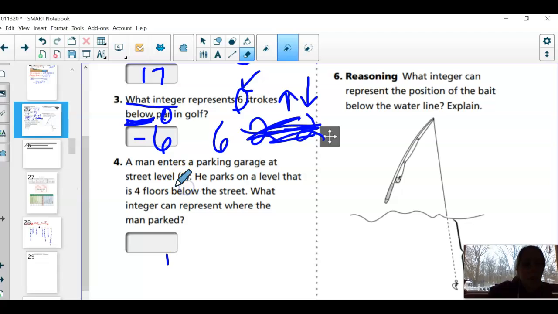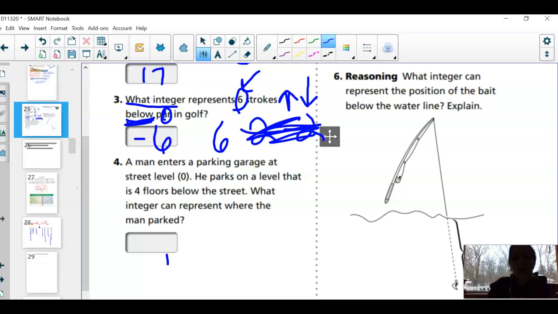He's going to park on a level that is 4 floors below the street. Y entonces, él va a estacionar a un nivel que es 4 pisos bajo la calle. What integer, cuál número entero, can represent where the man parked?